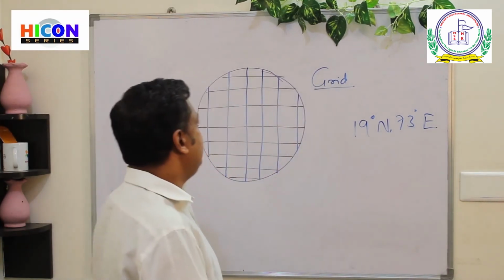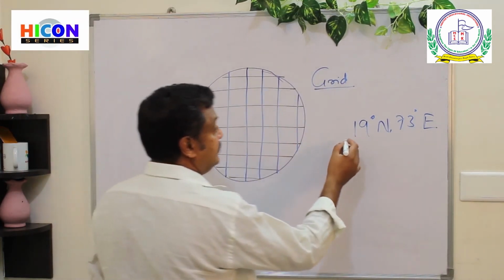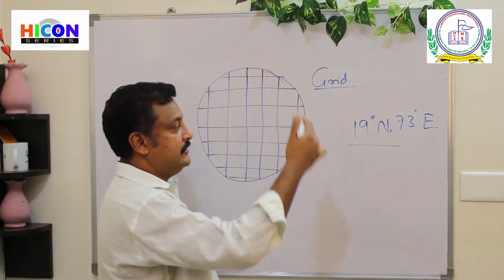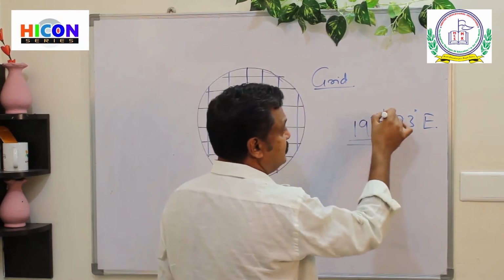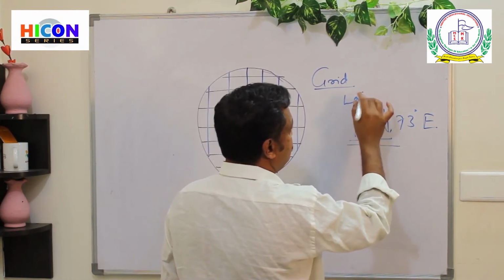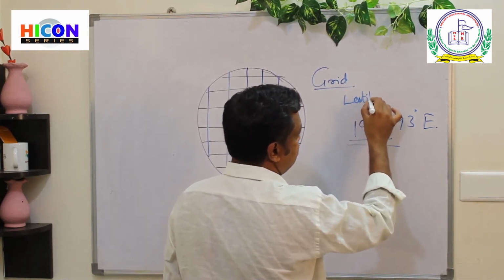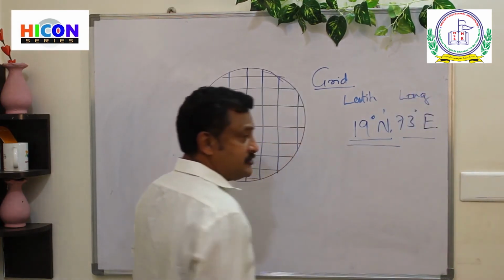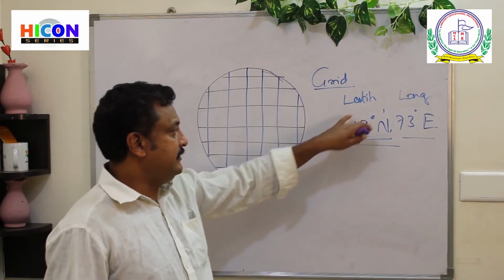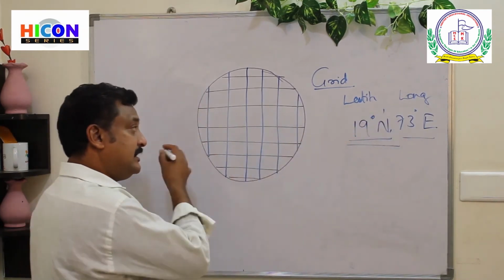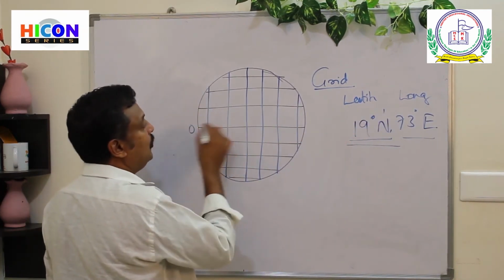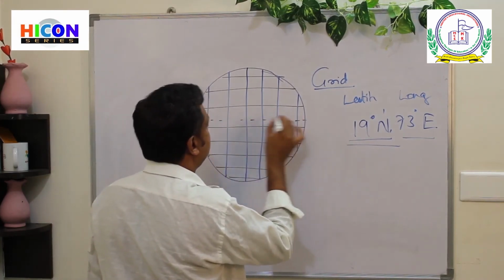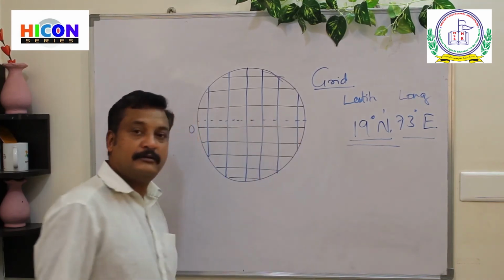Okay, so what we need to do is, we need to check 19 degree north. North means parallels, means north and south always come on latitudes, and east and west come on longitudes. Okay. So when we see the 19 degree north, we need to check the parallels. So this is 0 and here is 19 degree. Right?